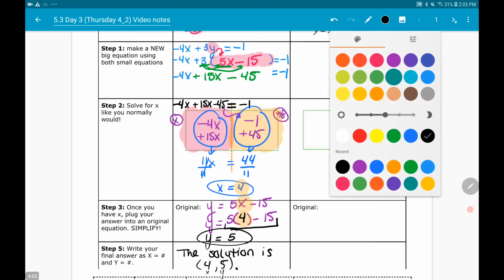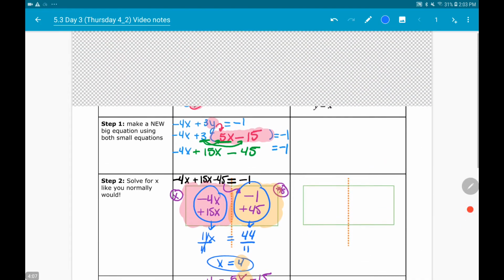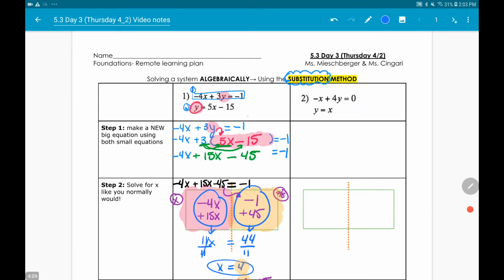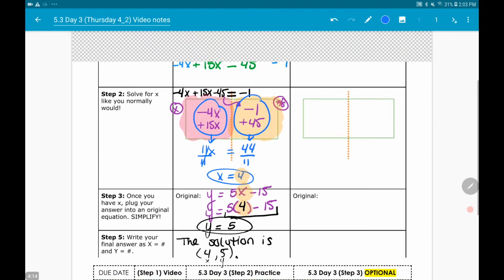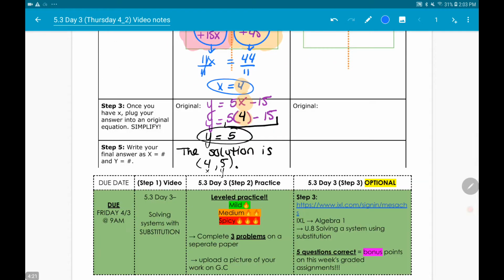We haven't talked about this, but if I were to graph my two equations, I would see that they would intersect, just like we saw last week, and where they would intersect is 4, 5. So a way you can check yourself is to check on Desmos and see if this is your point of intersection. That's just a way to connect the two.